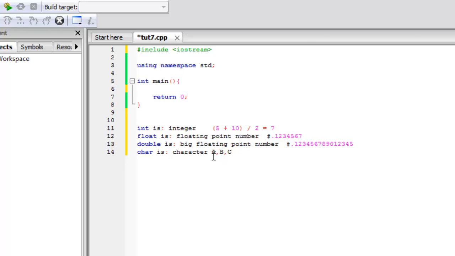But since they are characters, you always want to tell C++ that it's a character by putting a single quote around it. It's kind of like in, I believe, my second tutorial, where if you have a string of characters, you put double quotes around it just to tell C++, hey, I'm doing a sentence, okay? Well, if you put the single quotes around it, it tells C++, hey, this is one letter, okay?